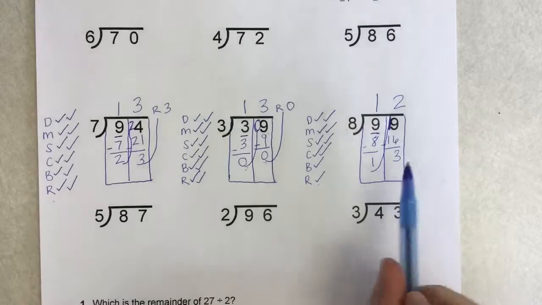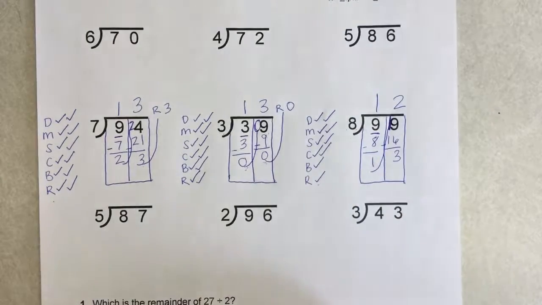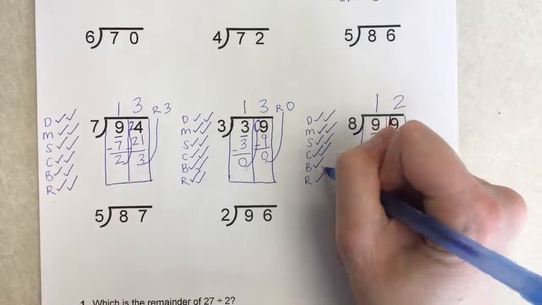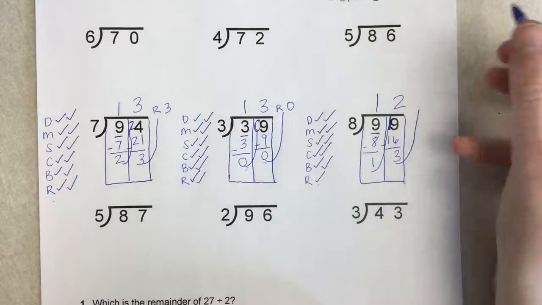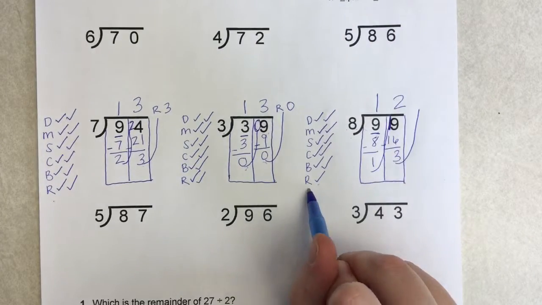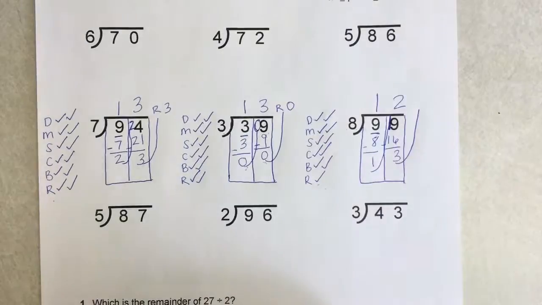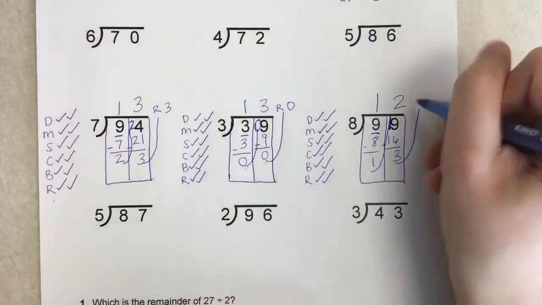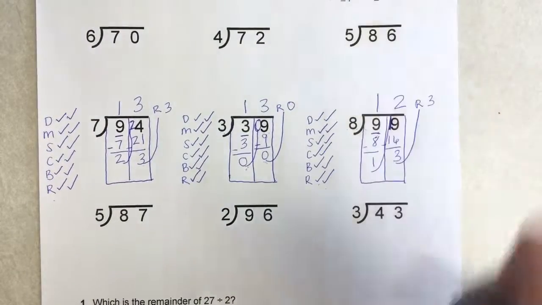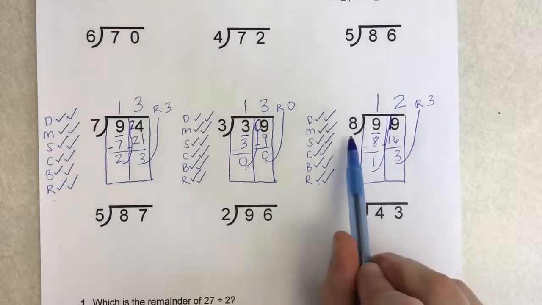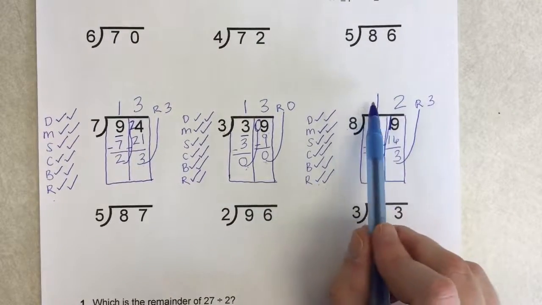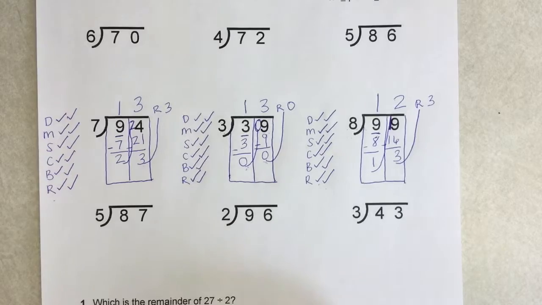Then I check to make sure the kids are happy. 3 Smarties, 8 kids. We're good. Then I bring over my number, 3. And then I decide repeat or remainder. I don't have a spot here in my quotient, so I'm going to put remainder of 3. So I'm going to give the 8 kids 12 Smarties, and I'll have 3 left over.